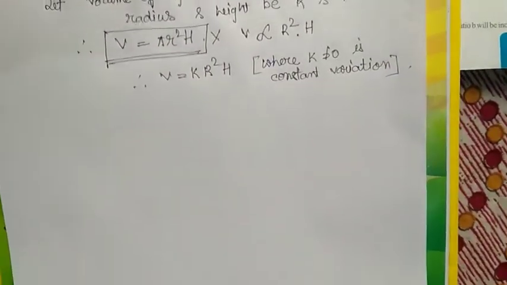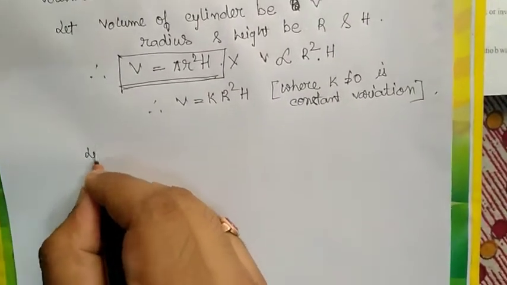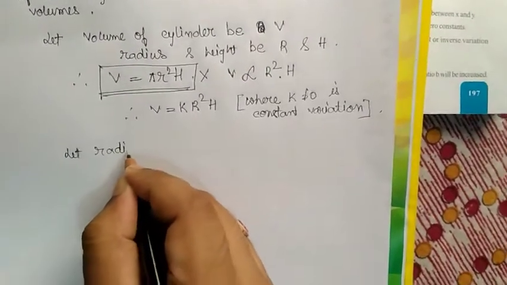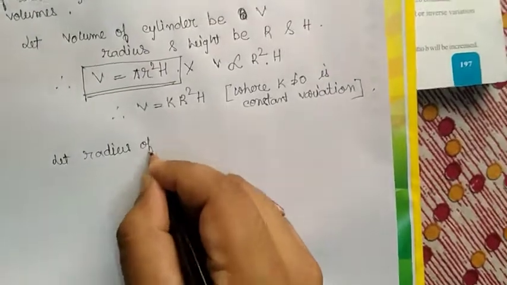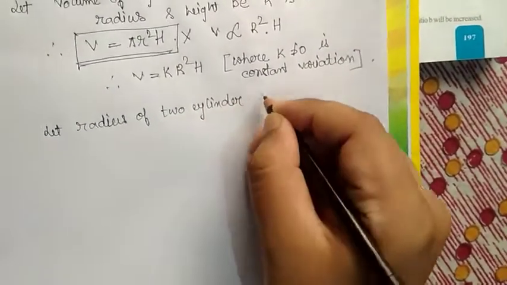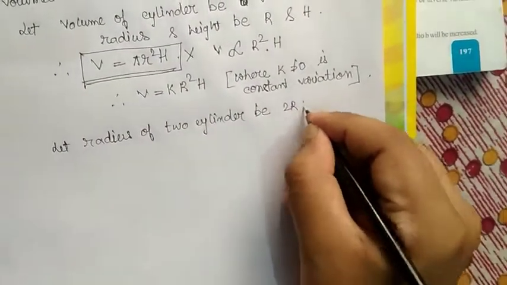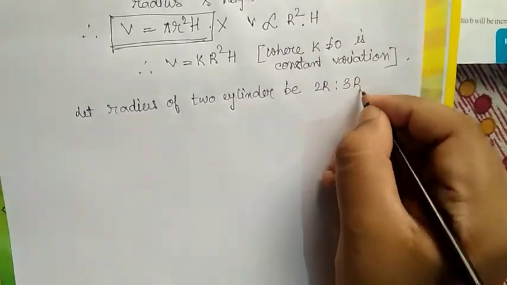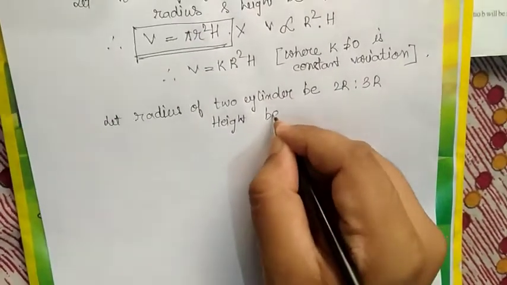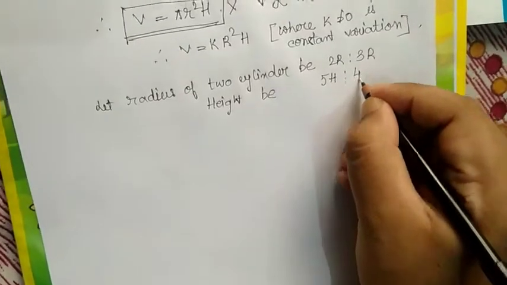And after that, let the radius of the two cylinders be 2r and 3r, and heights be 5h and 4h.